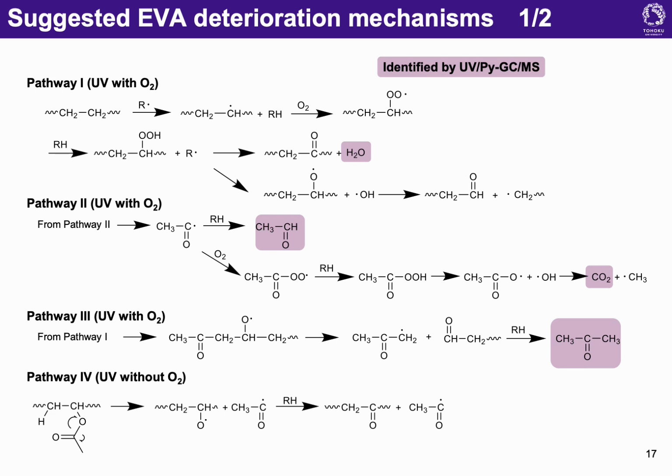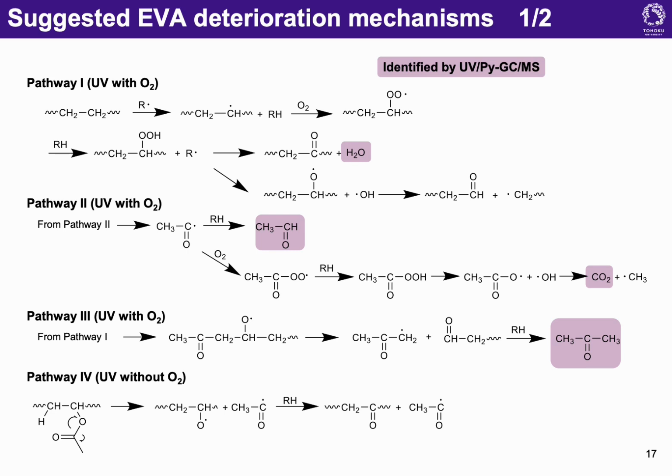Finally, the suggested thermo-oxidative deterioration pathways, by the contributions of PY-GC-MS, UV PY-GC-MS, and the conventional analysis, are summarized here. The elemental analysis of the EVA samples prior to and following UV irradiation revealed increases in the oxygen content with the continuation of UV irradiation.